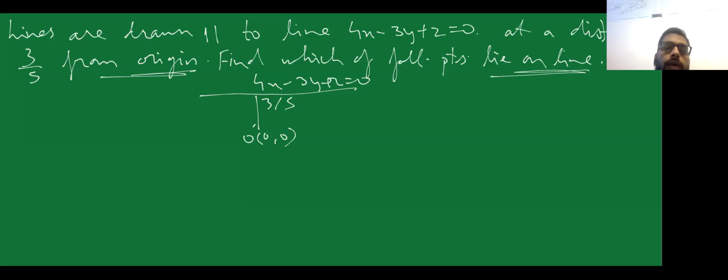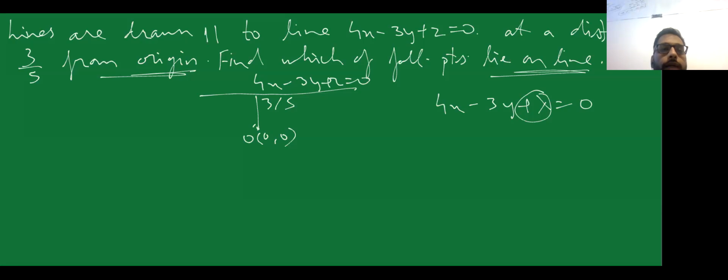Now I have to find the other lines of equations which would be parallel. So this is just one line of equation. All the lines of equations which would be parallel to this would be 4x minus 3y plus lambda is equal to 0.